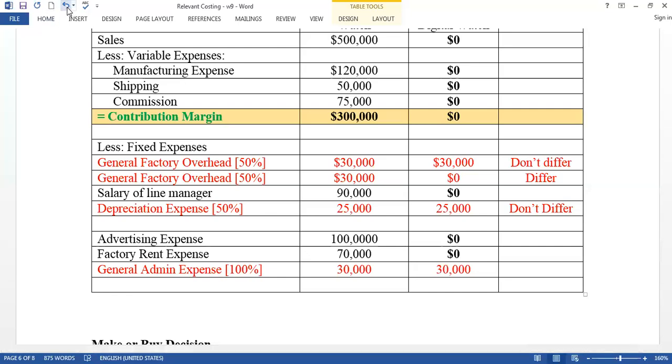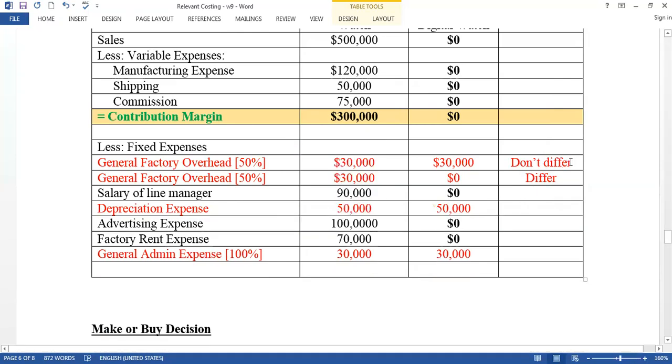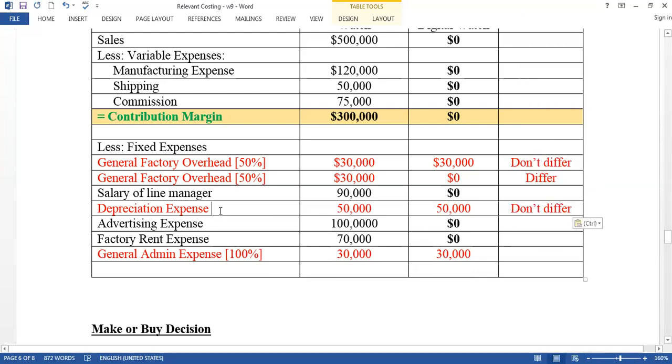Sorry, not this one. According to this question. Not this one. This is 100%. 100% don't differ, but here 50% don't differ.